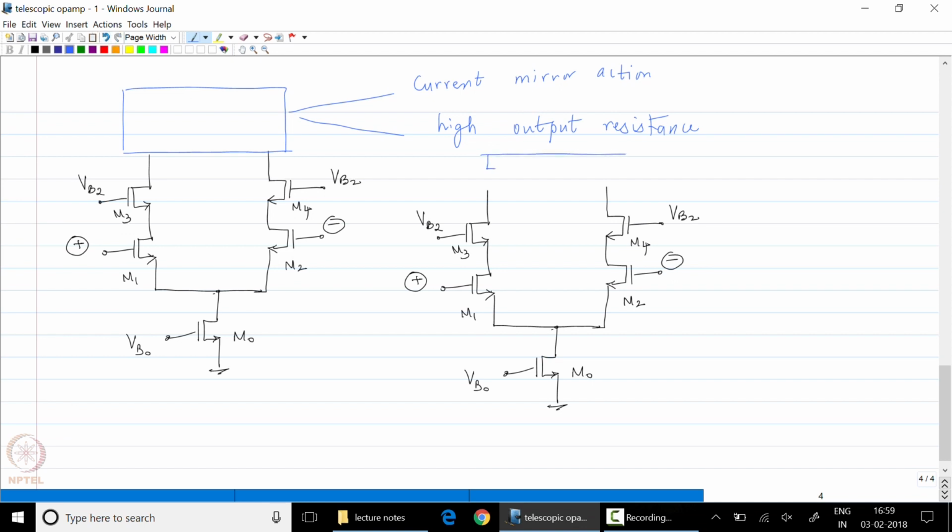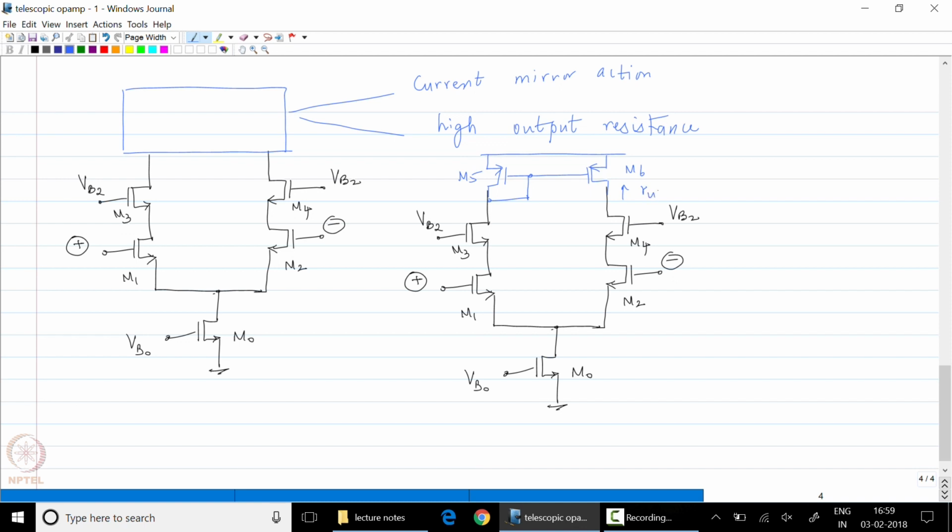Let us say I were to do this. Let me call this M5 and M6. I will clearly get the current mirror action that I have been looking for, but I have a problem.